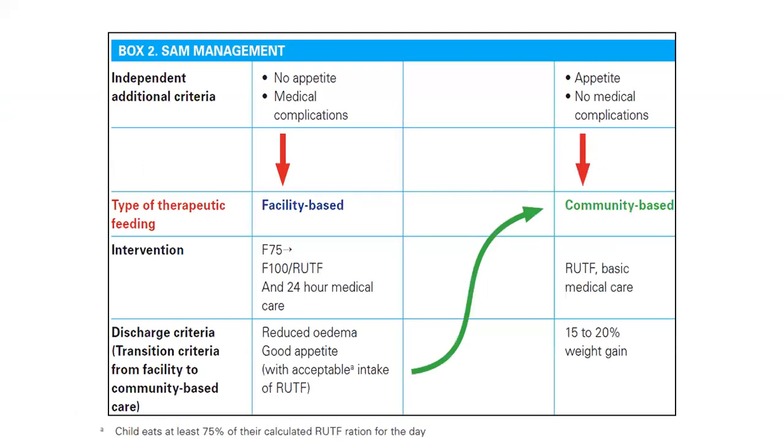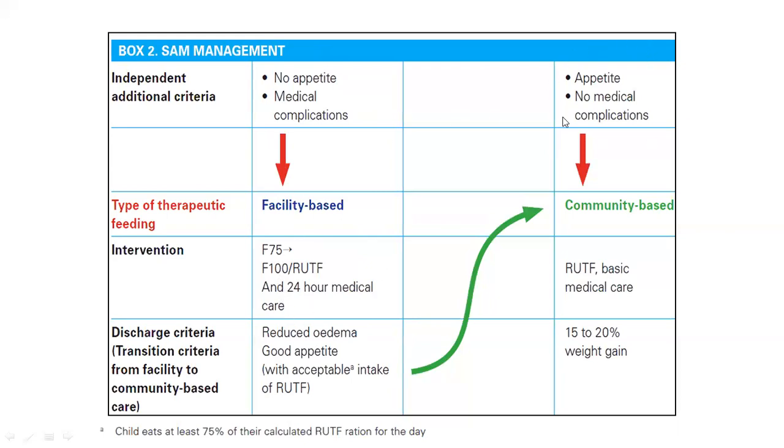Coming to management of severe acute malnutrition, we have to look for the independent additional criteria. If the patient with SAM has no appetite and has a medical complication, he would require admission and need facility-based care, where he or she will be started on F75, followed by F100, or ready to use therapeutic feeds, and 24-hour medical care.